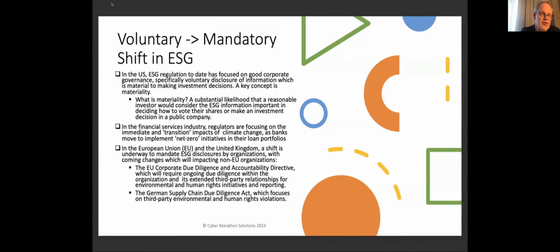So Europe continues to be ahead of the US and North America in that respect. One other thing I didn't mention is Canada also is looking at environmental climate change regulations in their financial industry. So legislation is moving forward on all these fronts.